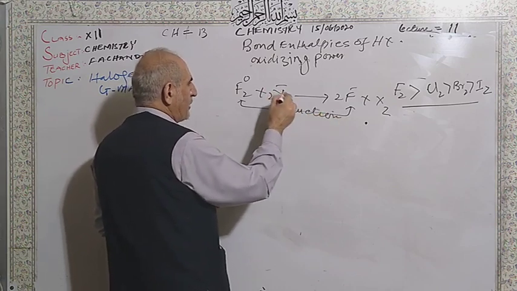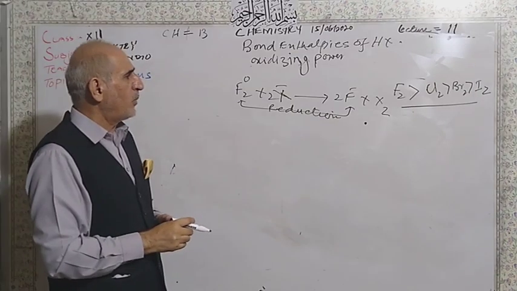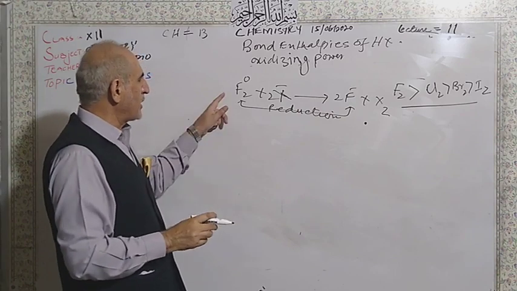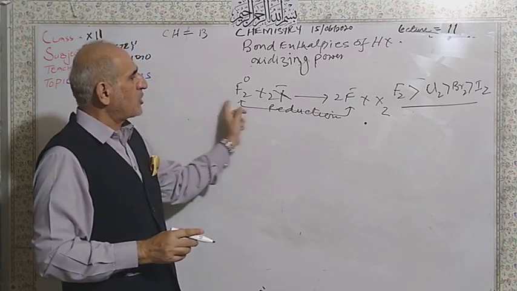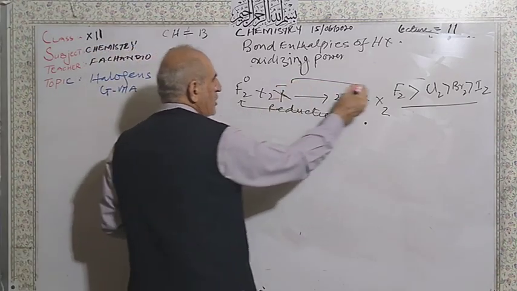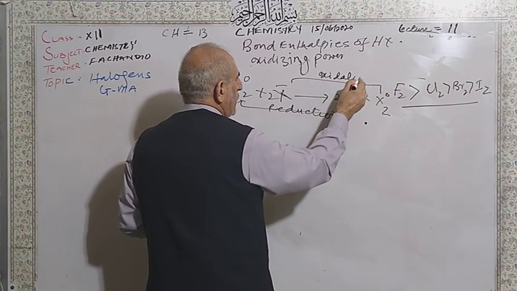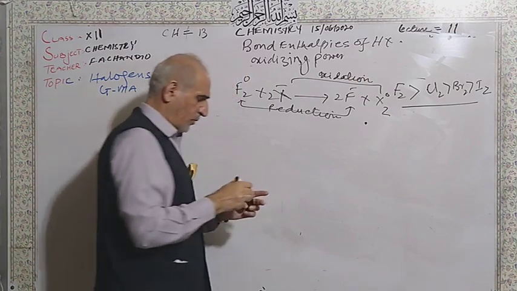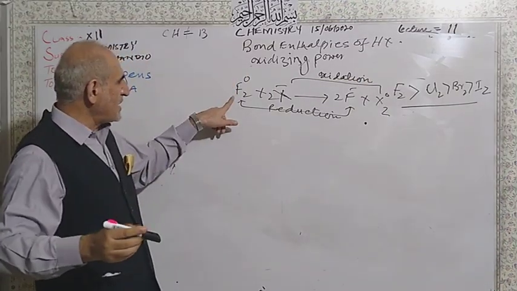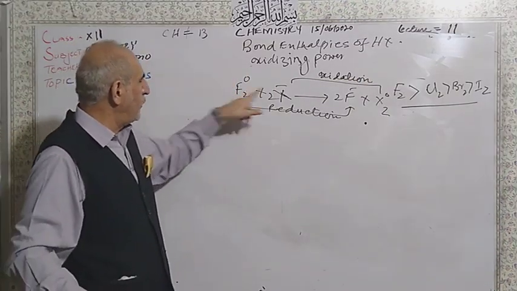And this is the halide, maybe chloride, bromide, or iodide, because fluorine is a powerful, strong oxidizing agent. So this is going to be oxidation, and this is the reduction in fluorine.